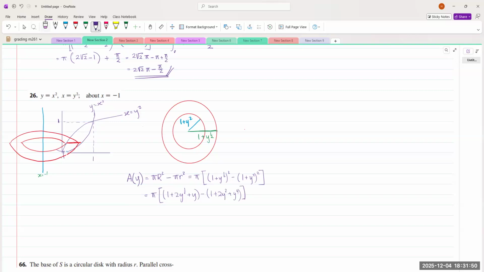I know some of you may say, but Thomas, that's a bit too fast. I'm sorry, you are at the end of Calc 1, right? Expanding that binomial, the square of a plus b, should be something you can do quite fast already. So pi times, if you combine like terms, negative y to the fourth minus 2y squared plus y plus 2y to the 1/2, and the ones cancel.